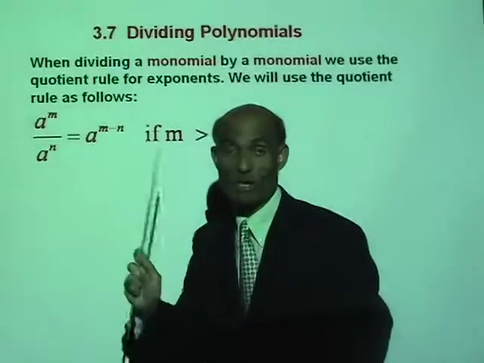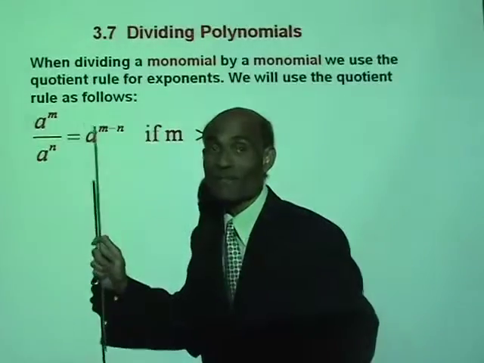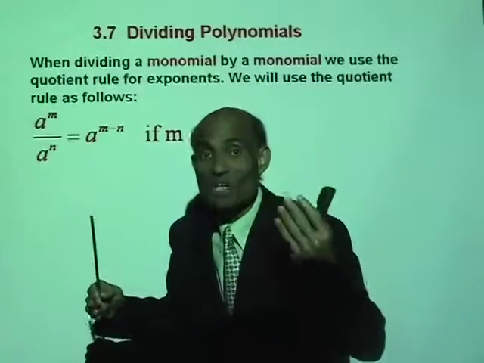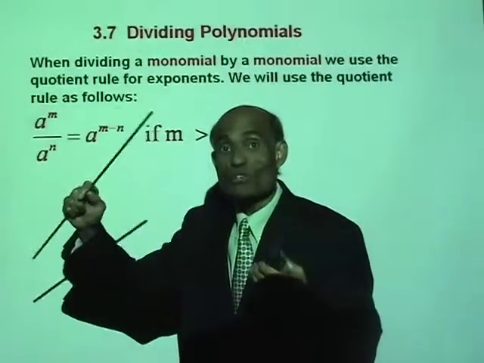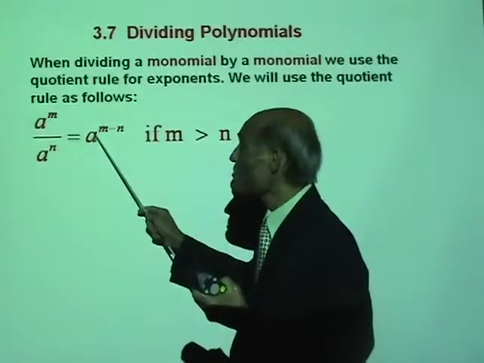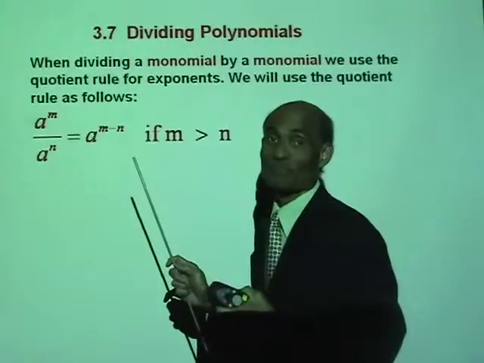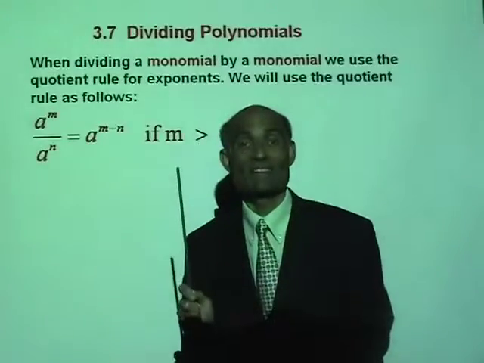Now, remember we said if m is greater than n, that is, the numerator power is greater than the denominator power, then the answer will stay on the numerator as a to the power m minus n. And that's when m is greater than n.